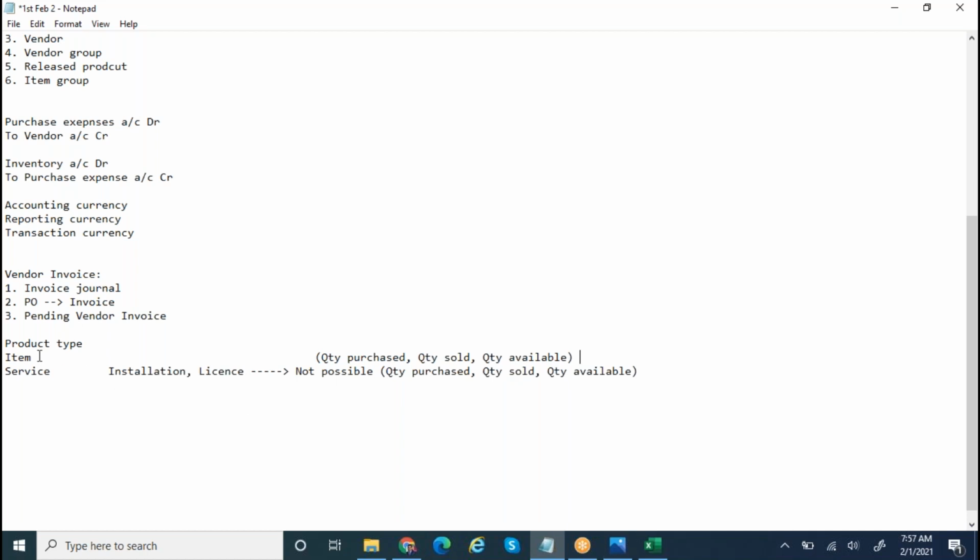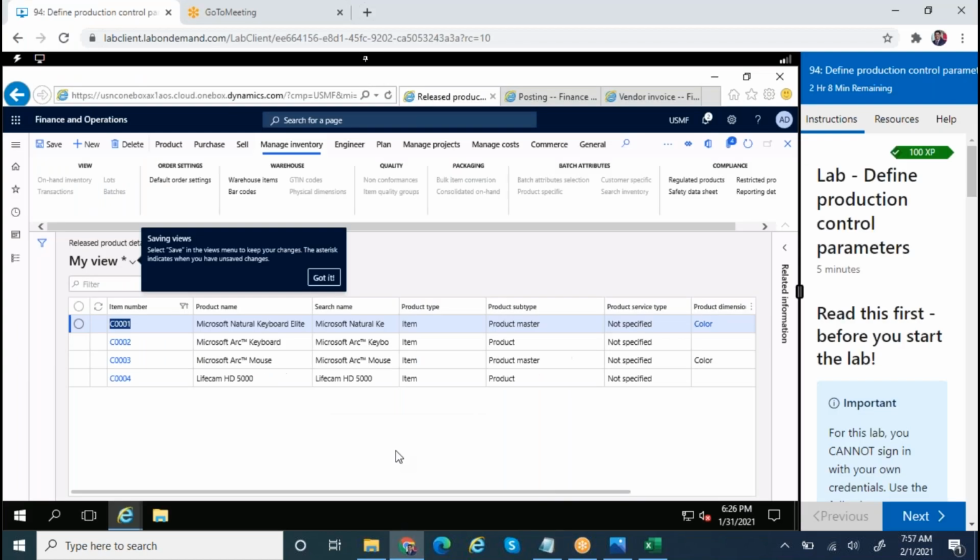So I can map item type service for both. Of course, for service, on hand inventory will always be 0. For item type item also I can make on hand inventory 0. How can I do it?